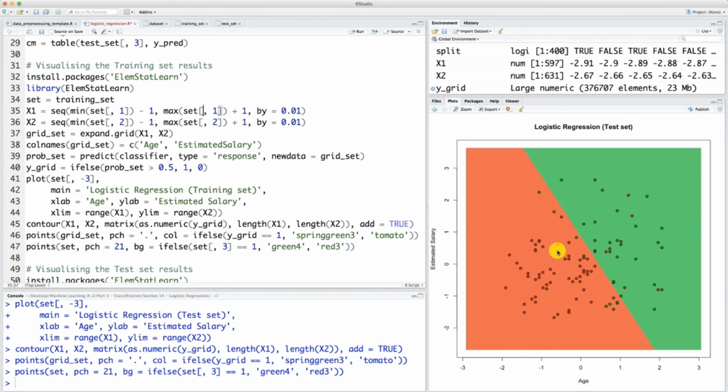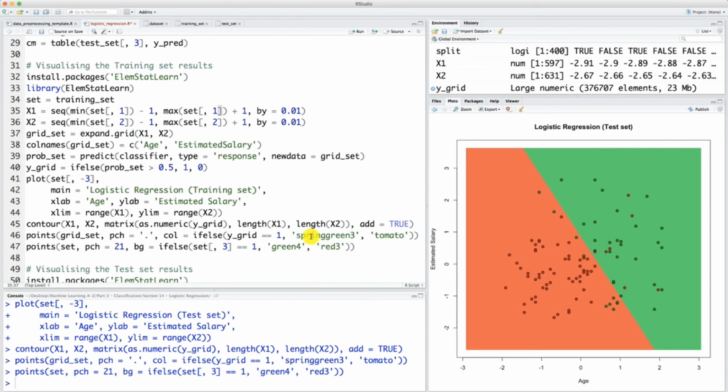And then finally, we plot the whole graph. So in this plot, we include all our real users and their real actions: red if they didn't buy the car, and green if they bought the car. And we plot the predicted results of all the pixel observation points that we created when we created the grid.